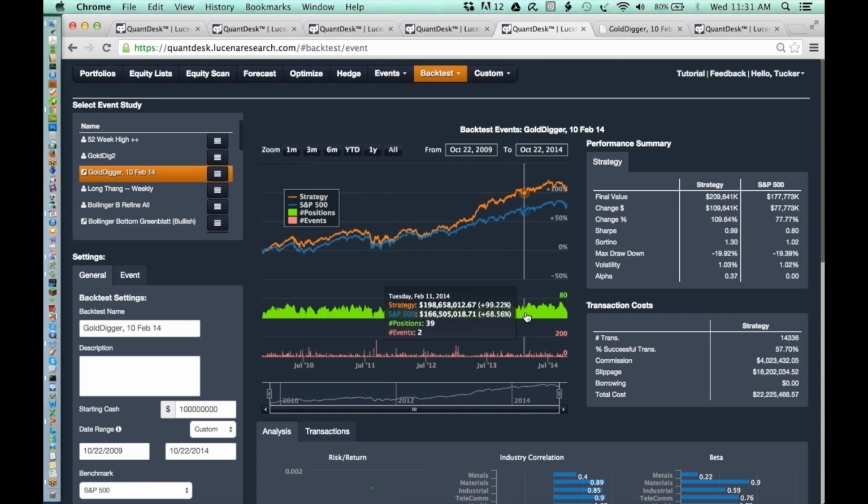Also down here, as part of our backtester, you can see with this green line how many positions it's in. So you can see it's in 40 or 50 positions. This red line on the very bottom is showing on each particular day how many events triggered.